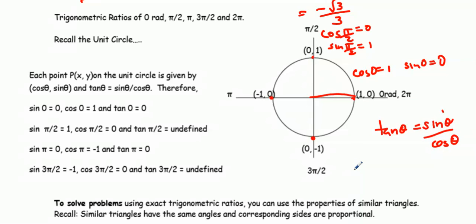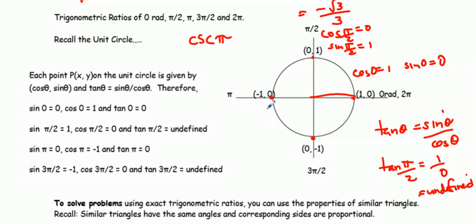So I could ask you, what's the tan of pi by 2? And you would take these two ratios, and you could say the tan of pi by 2 is 1 over 0, which is undefined because of the division by 0. You can do cotan, you can do cosecant, etc. So if I asked you, for instance, the cosecant of pi, well, the cosecant of pi is related to the sine of pi.